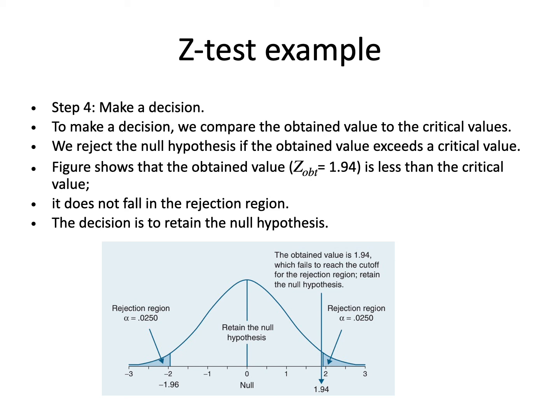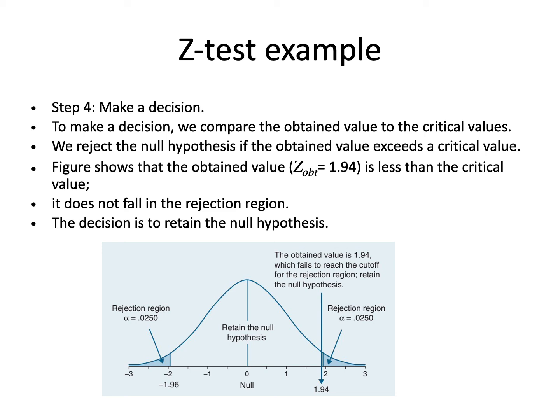If we compare this with the figure, the z obtained is 1.94, which is less than the critical value, and that's why it does not fall in the rejection region, so we will retain the null hypothesis.